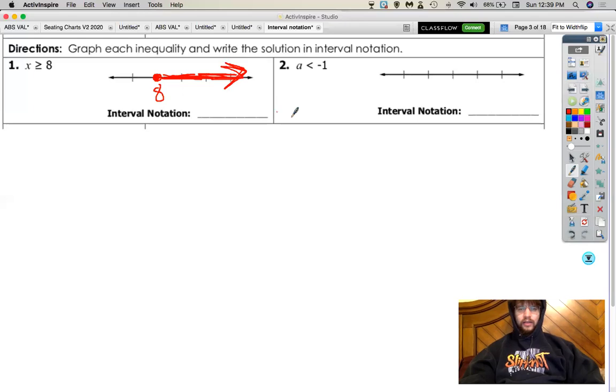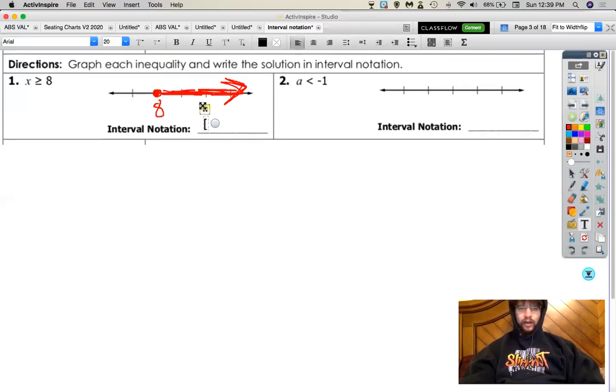Now here is the key, interval notation. If you're looking at your number line, it tells you exactly what you need to put. I've got a solid dot, so I'm going left to right because we're in America. We read left to right. So starting from left to right, the first thing I see is a solid dot. So that means I need a bracket. And I open the bracket. Next, it's the bracket on the number 8.